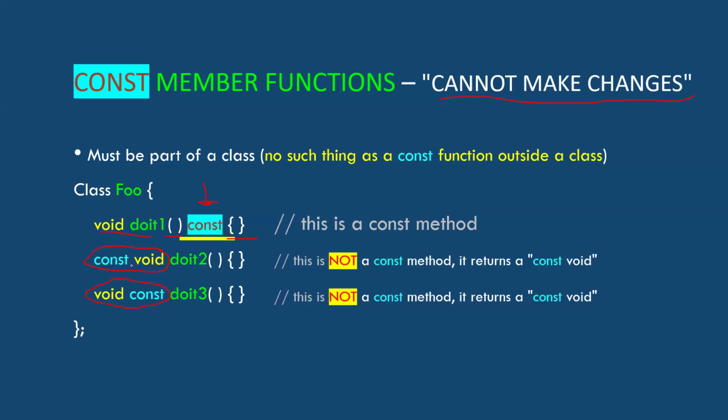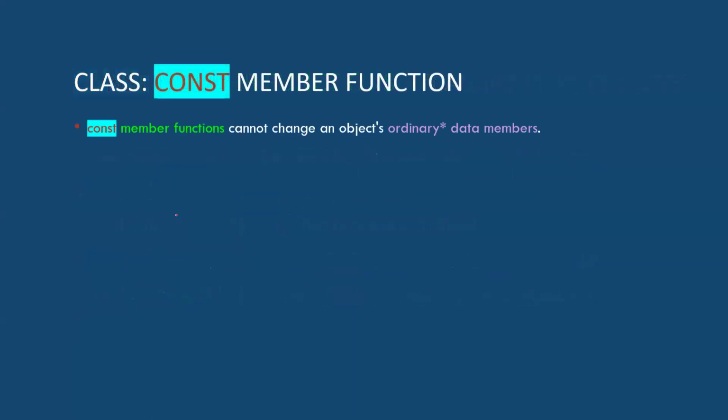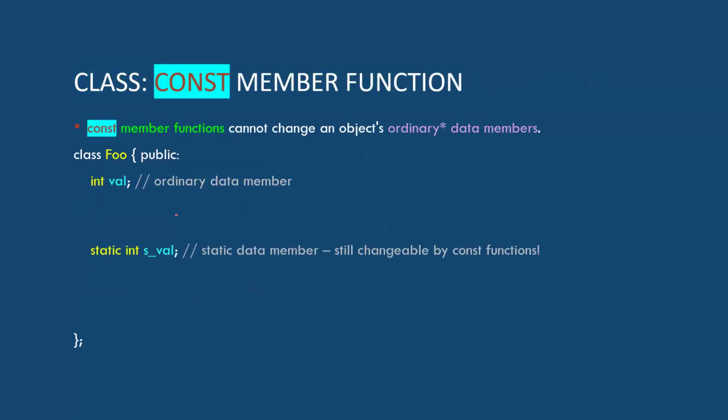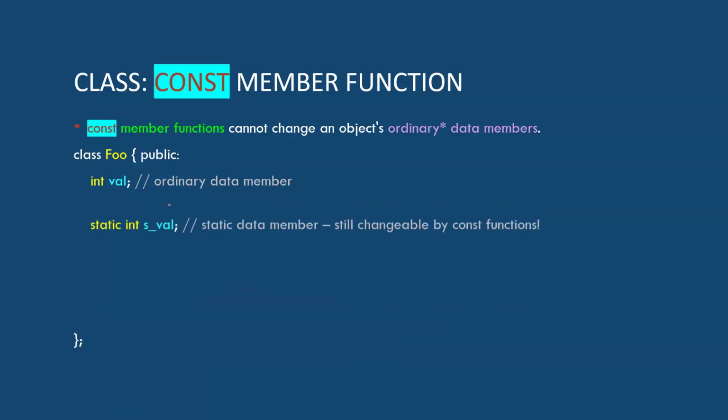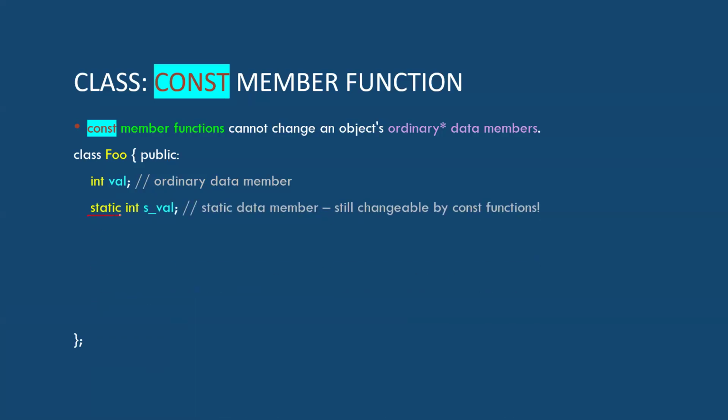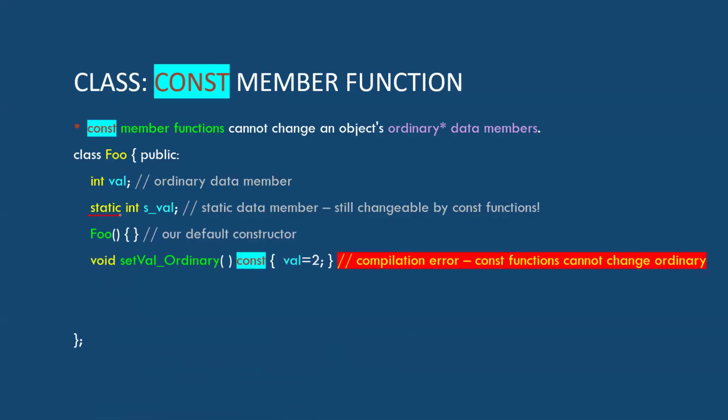If we want a method to not be allowed to change the data members of the class, make it const. If this was a print me, that's a perfect example of something that should become const. Print me const. Let's take a look at how that might look. Now we're going to learn about static variables next week, but let's take a look at a couple examples here.